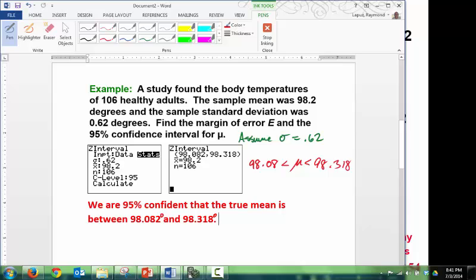If you know the interval limits, and I decide to ask you what the margin of error is, you just take the difference and cut it in half, just like we did before.